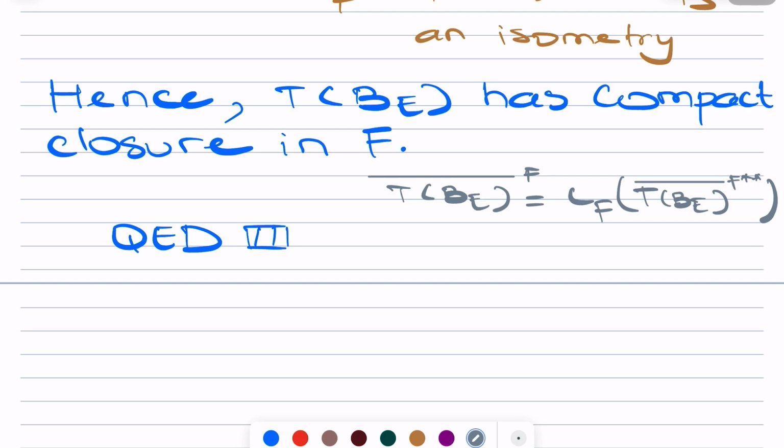But we saw that this is exactly equal to T star star of B_E, the closure of this in F star star. And this is actually compact.